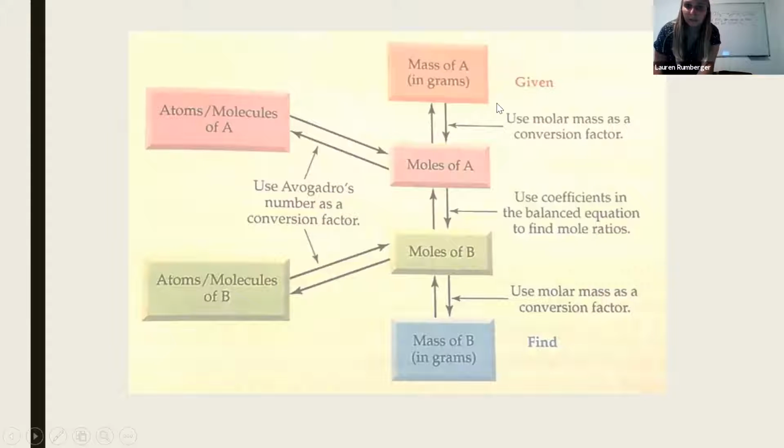So we're starting with 28 grams of the KClO3. We want to convert it to grams of oxygen. We must follow these steps to get there. From mass, we're going to convert to moles using molar mass.